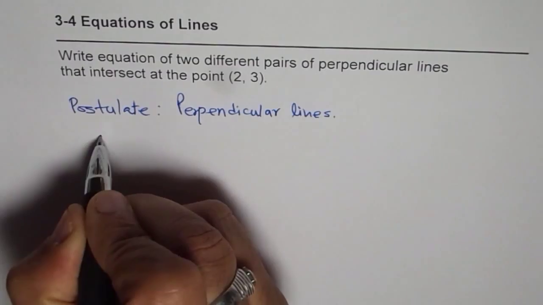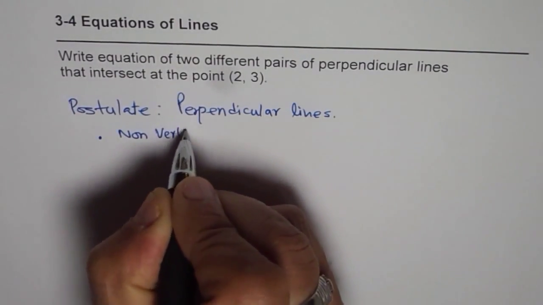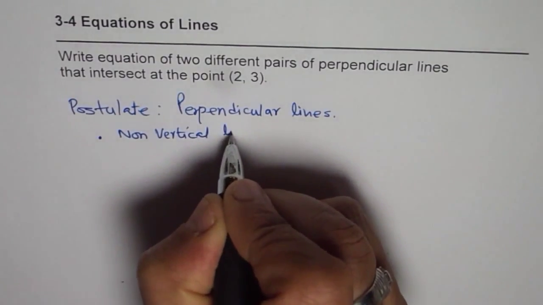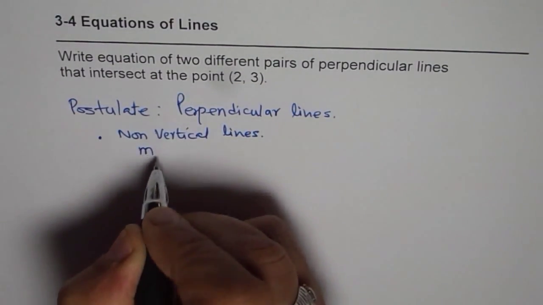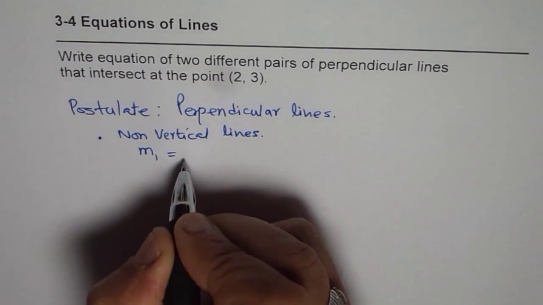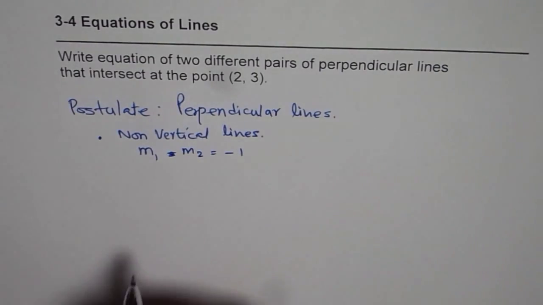There were two postulates. One, if we have non-vertical lines, then when you multiply the slopes, you get -1, right? That was one.